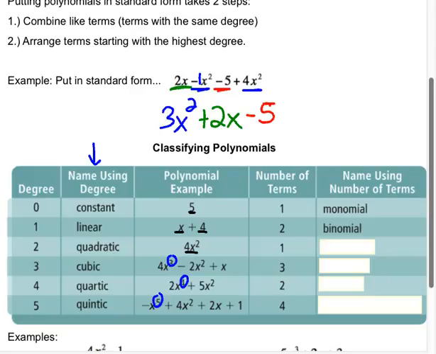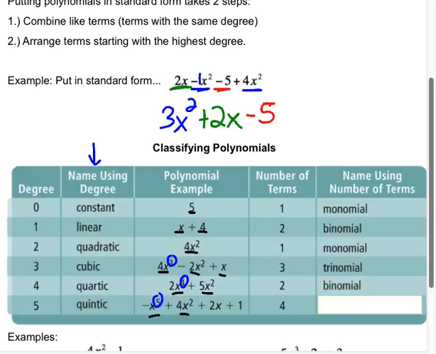This one, back down to only one term. So that is a monomial. This one has 3. So remember the prefix we use for 3, just like for a triangle, which has 3 sides, a trinomial. This next one, back down to 2. So that is a binomial.